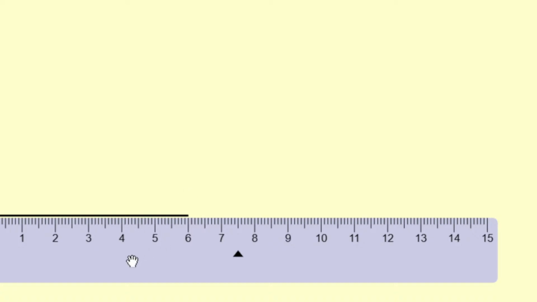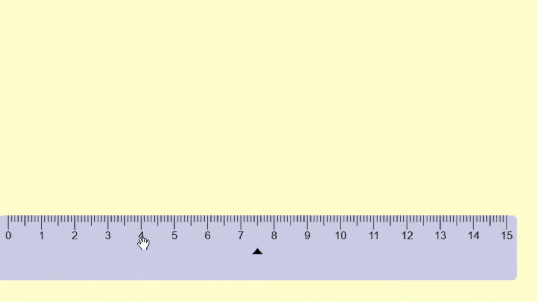So here I have drawn a line segment which is equal to 6 centimeter. This is 6 centimeter. So the BC line segment I have drawn, 6 centimeter. You can see it's exactly 6 centimeter.